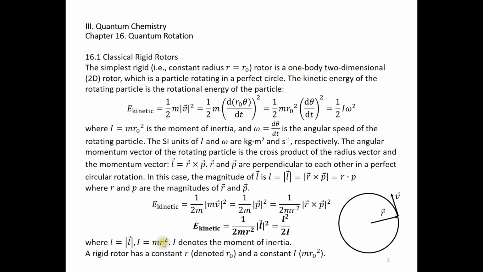It's 1 over 2m r squared multiplied by the angular momentum squared, and therefore it's L squared over 2I. L is the magnitude of the angular momentum, and I is the moment of inertia. A rigid rotor has a constant radius and a constant moment of inertia.